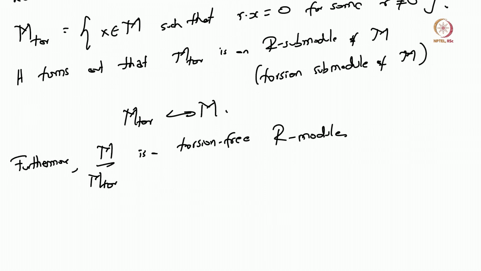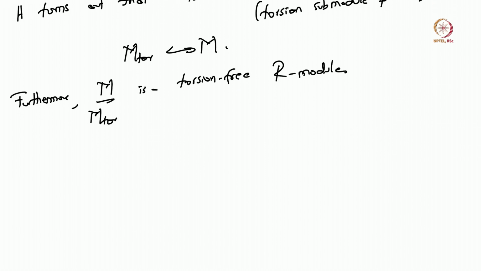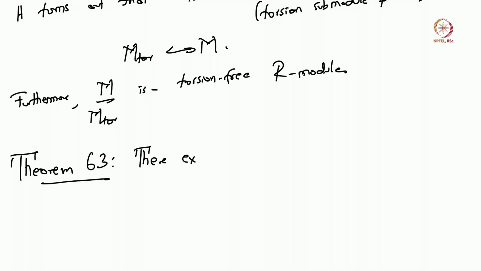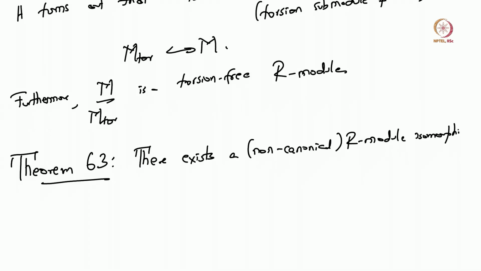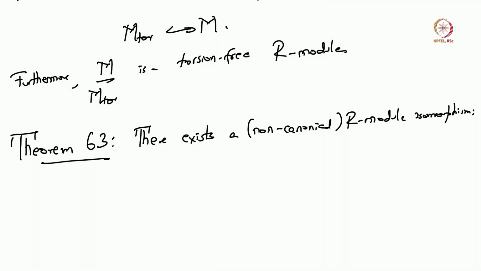The statement of the structure theorem is the following. There exists an isomorphism, which is not canonical in some sense. It's a non-canonical R-module isomorphism. So M is isomorphic to the torsion submodule plus the quotient.